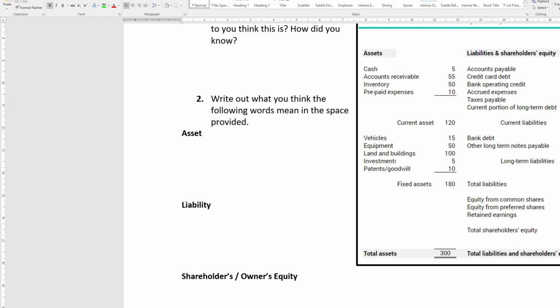And the reason for that, and the reason why it's called a balance sheet, is because total assets will always be the same number as your total liabilities and owner's equity. And that's how you know they balance. That's an indication that you did your financial statement correctly. So because they always have to be on the same line, this cannot be up here and this is down here.